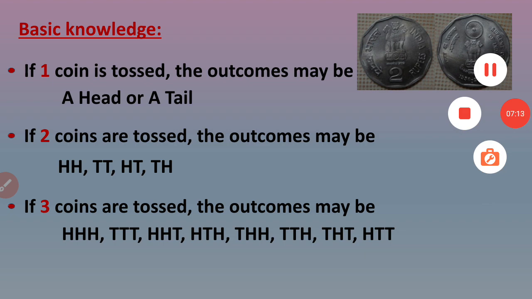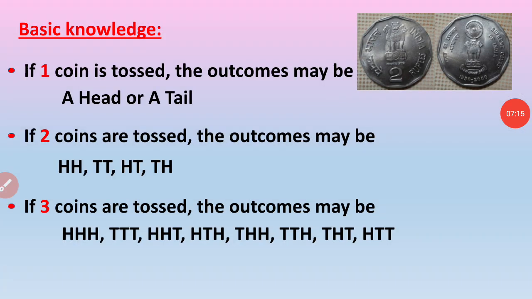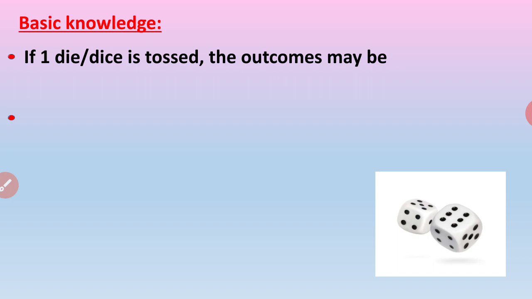Here when we check, we'll see that the events HHT, HTH, THH are completely different. The placement of the head and the tail on the coin is very important. So in all we get 8 outcomes when 3 coins are tossed. Next we are talking about dice. If one die or dice is tossed, the outcomes are 1, 2, 3, 4, 5 or 6.